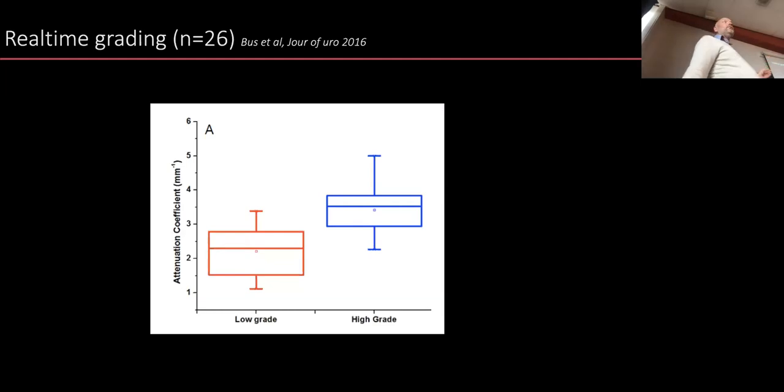Another thing we can do, similar to the arteries or any other work, is looking at the attenuation coefficient within a lesion. And why is that important? Because if we look at how the buildup of a tumor goes, usually it goes from a not so aggressive to a very aggressive tumor. And not so aggressive tumor cells have different clinical implications compared to highly aggressive tumor cells.